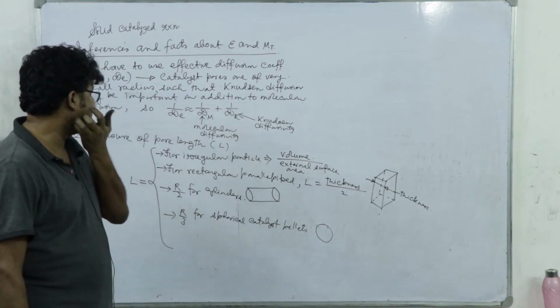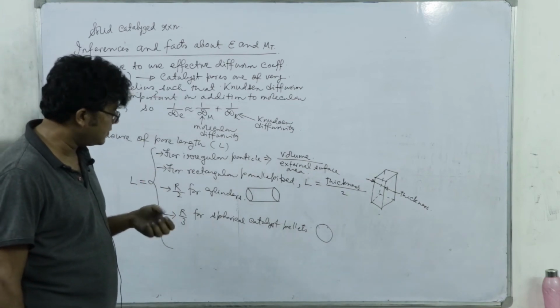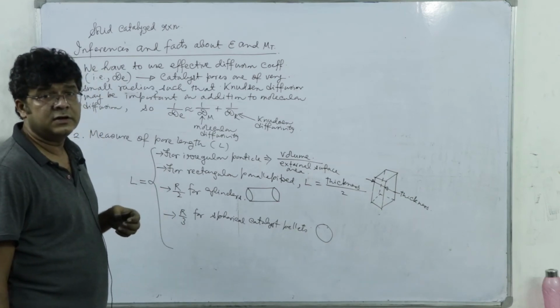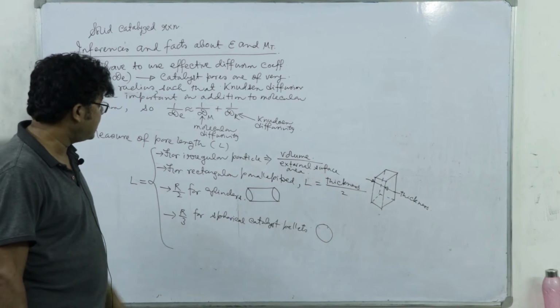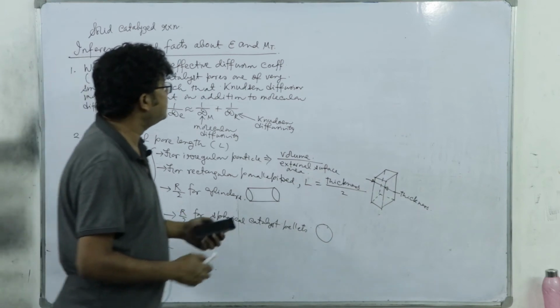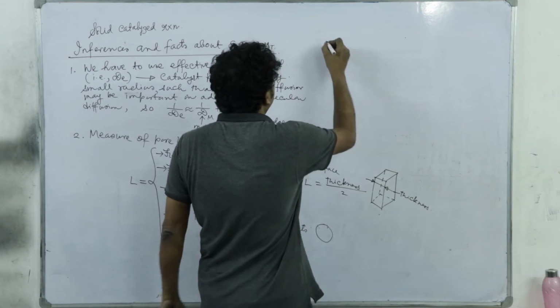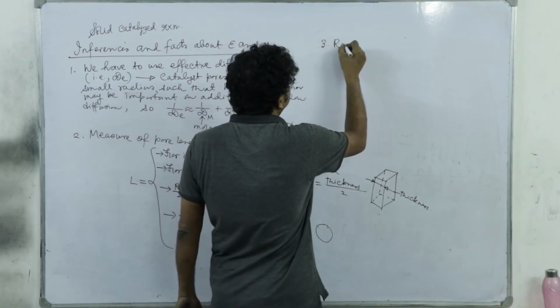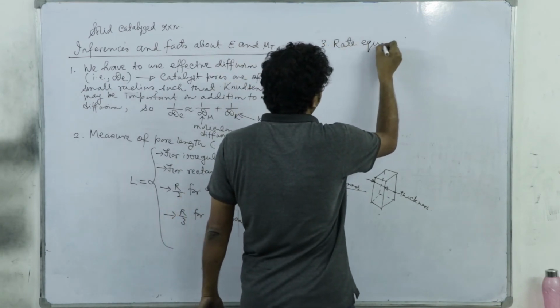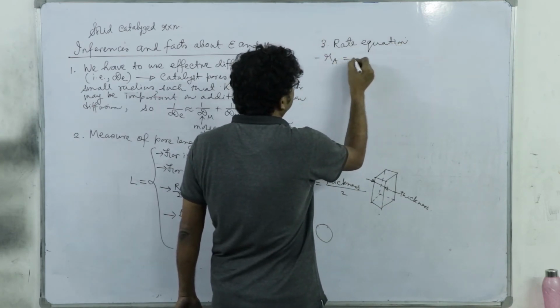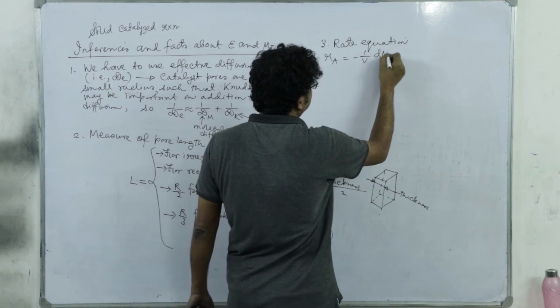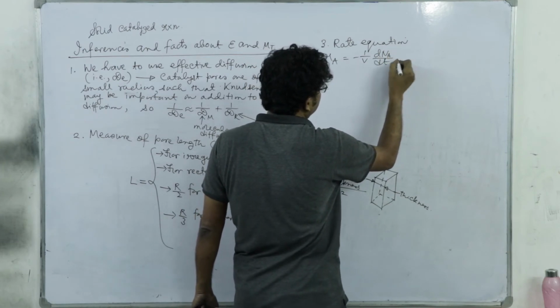So, that is the pore length estimate we should have. For irregular shaped, it is the volume divided by the external surface area. For the rectangular block, it is the thickness by 2. For cylinder, it is R by 2, and for sphere, it is R by 3. Now, we have rate expressions or rate equations. We can use minus Ra, the basic one what we have defined, 1 by V dNA dt, where V is the volume of the reactant.